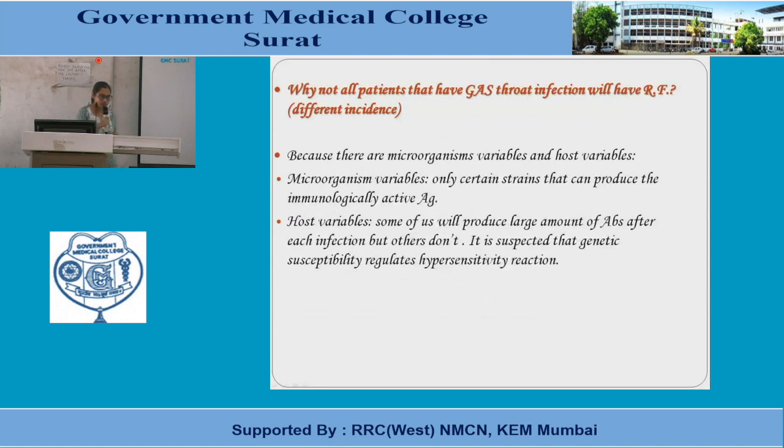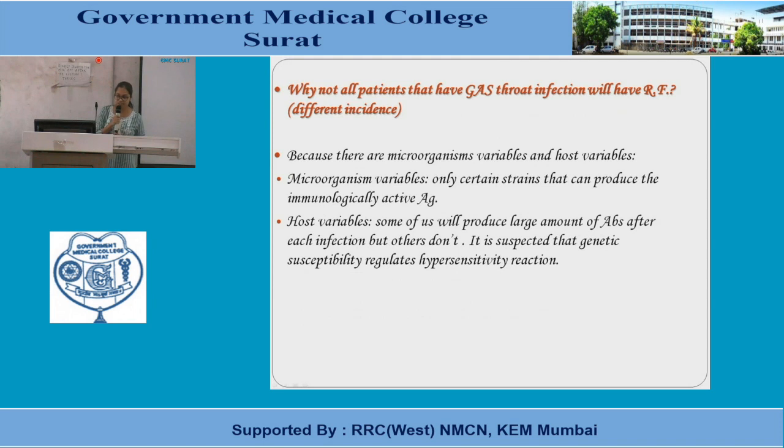So, there is one question: why do not all the patients that have group A streptococcal throat infection get rheumatic fever? Because there are two features, that is microorganism variables and host variables. So, what are microorganism variables?